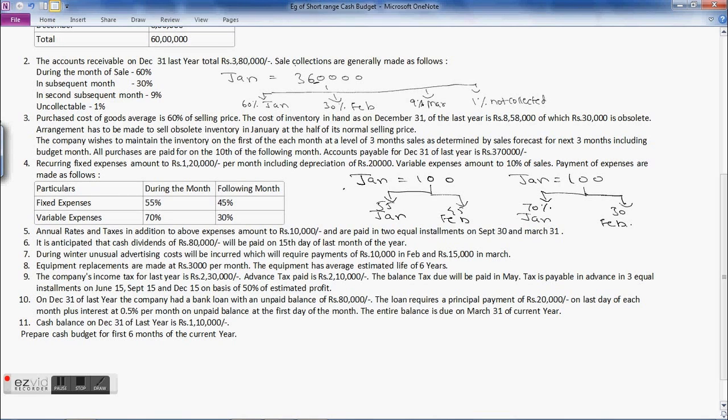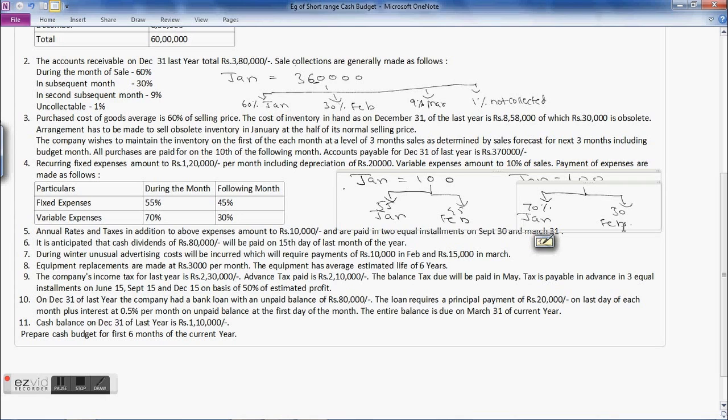So we have to see how much bank repayment needs to be done on March 31st, and accordingly calculate the interest of 0.5% per month also.